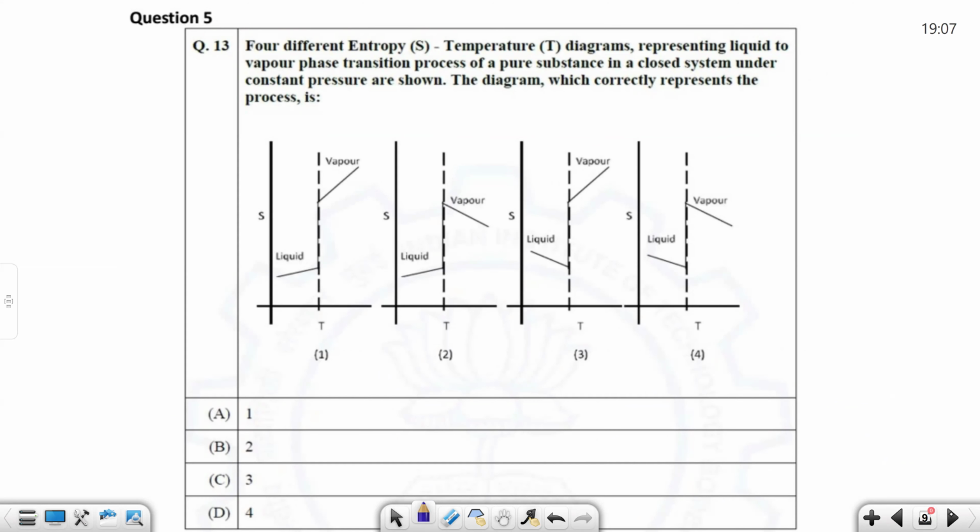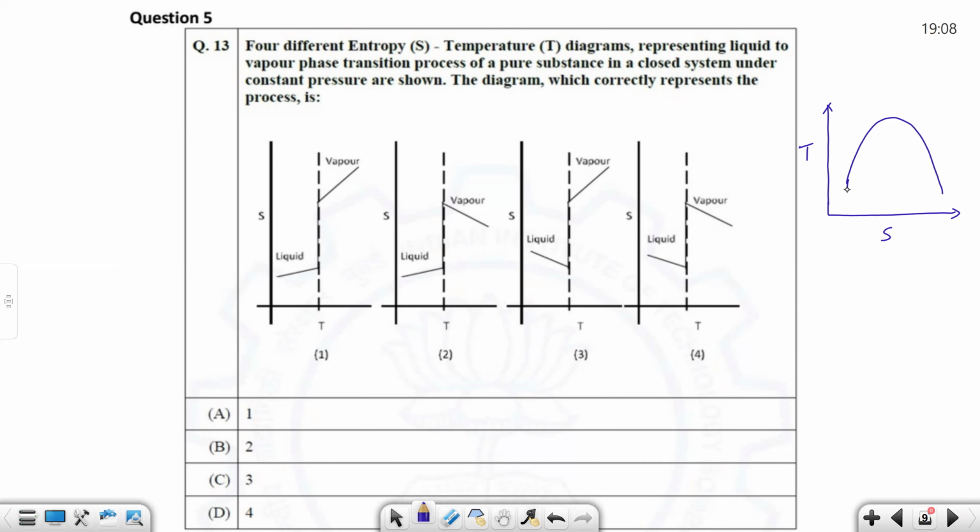So if you see, there are 4 different entropy temperature diagrams representing a liquid to vapor phase transition process of a pure substance in a closed system undergoing a constant pressure process. So which of the diagrams represents this? Now if you look at our TS diagram, we know the TS diagram very well.